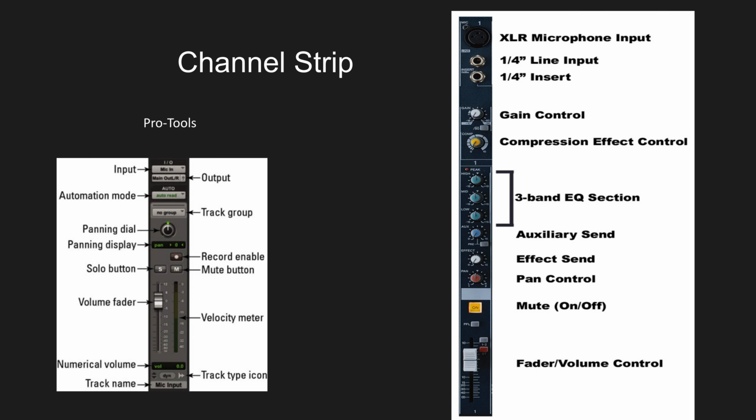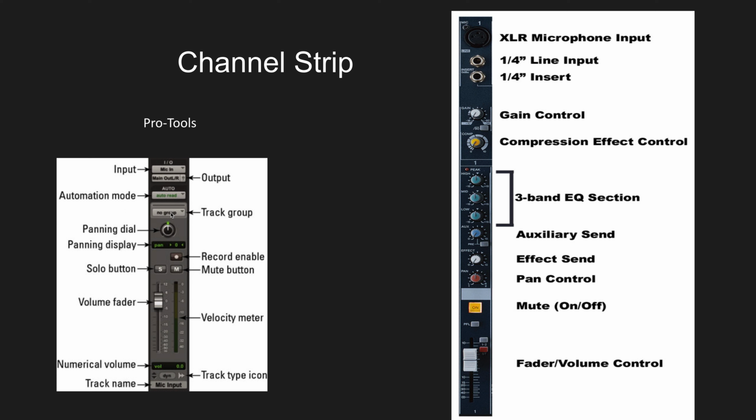If we look at a channel strip, here is a virtual channel strip in Pro Tools. Here is an analog channel strip. Let's look at this one. So in Pro Tools, your signal path is your input and output up at the top. Your automation, we'll get into automation later, but automation usually up here.